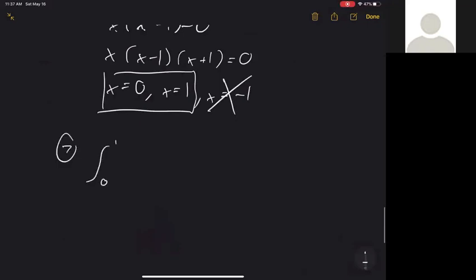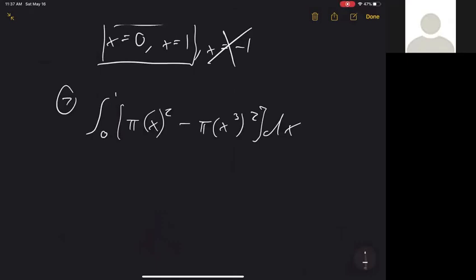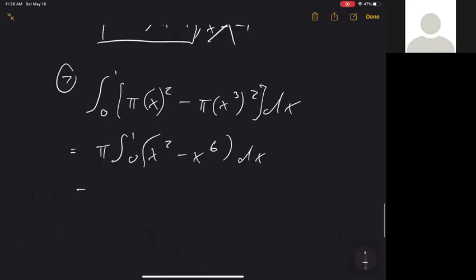The integral from 0 to 1 of pi x squared minus pi x cubed squared. We can go ahead and simplify this integral, pull out the pi. X cubed squared is x to the 6th. So my integral is this, integrating.